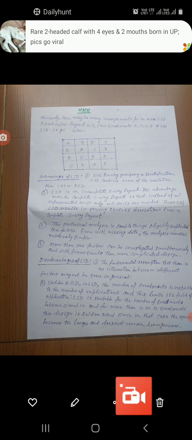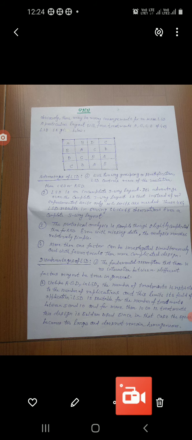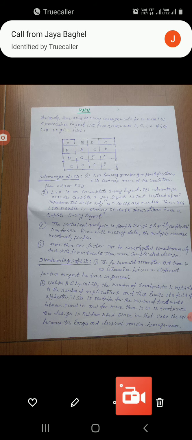For more than 10 to 12 treatments, this design is seldom used, since in that case the square becomes too large. This is the main reason why you cannot use more treatments: the square becomes too large and does not remain homogeneous.